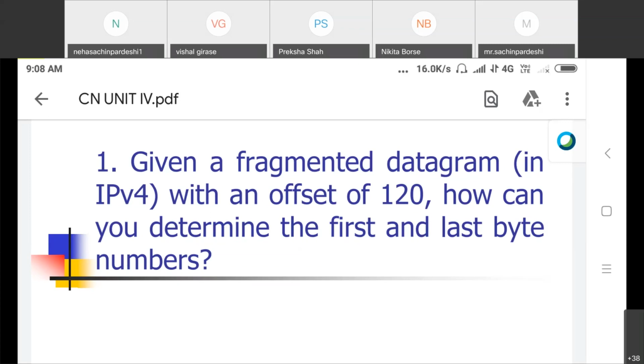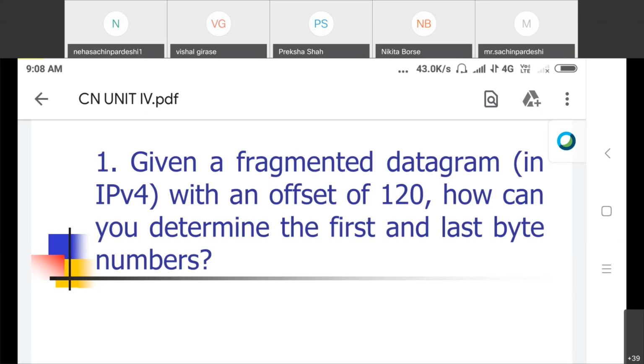Simply multiply 120 by 8. Because the offset value is calculated as the first byte number divided by 8, if the offset value is given, you simply multiply the offset value by 8 and you get the first byte number.